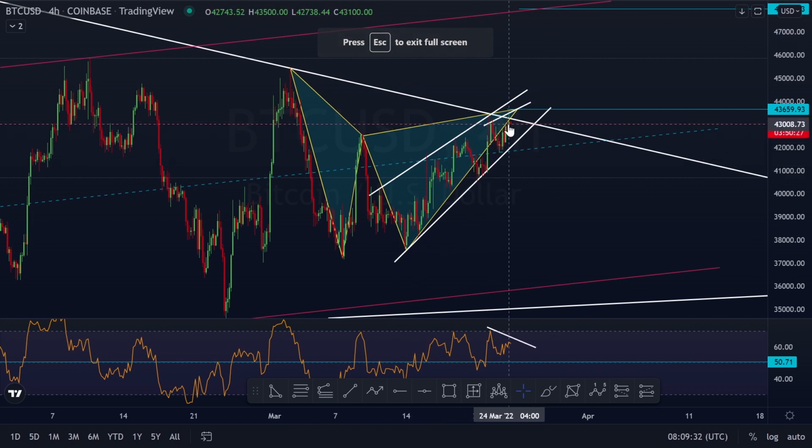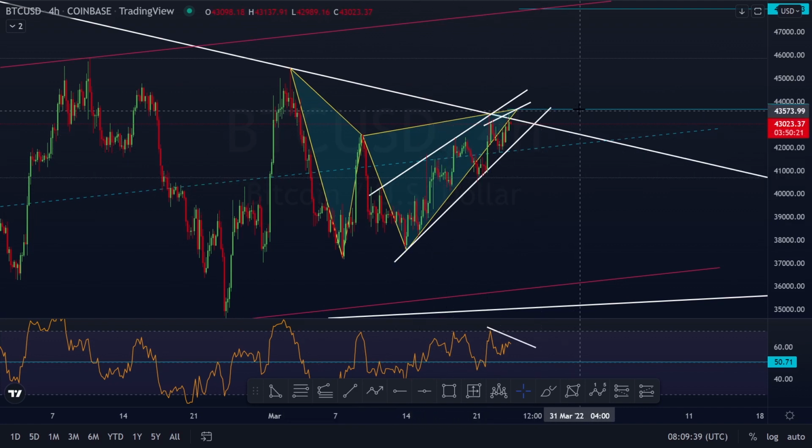Looking at this rising wedge, bearish divergence, harmonic, choppy movement towards the PRZ, makes me feel like I'm just going to take this trade from here. So guys, this is my analysis. I hope you get some ideas of what's going on right now. These are the levels that I'm watching.